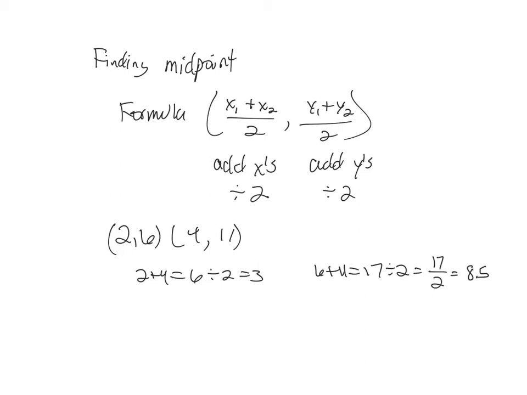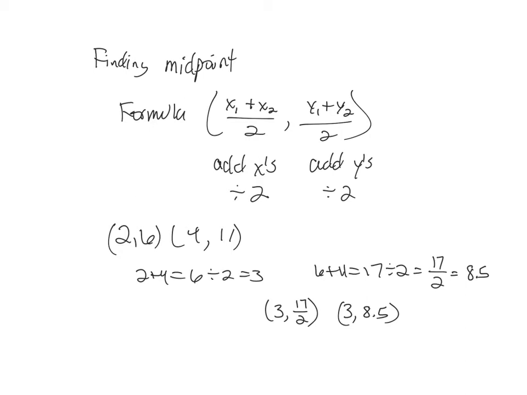But the answer, it says find the midpoint. So the answer is not 3 and 8.5 or 3 and 17 over 2. You need to write it as a coordinate. Either like that or like that. I don't have any strong feelings one way or the other.